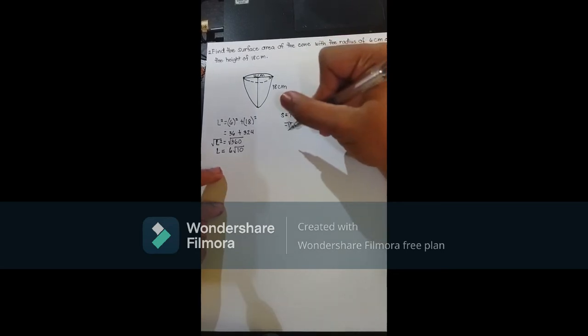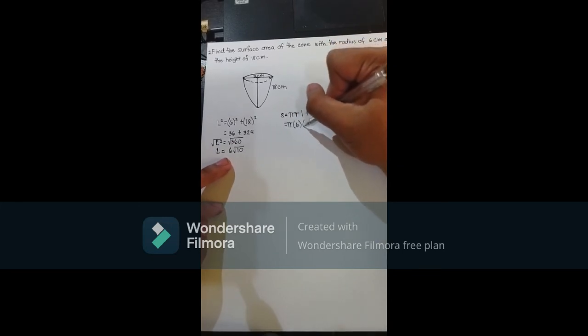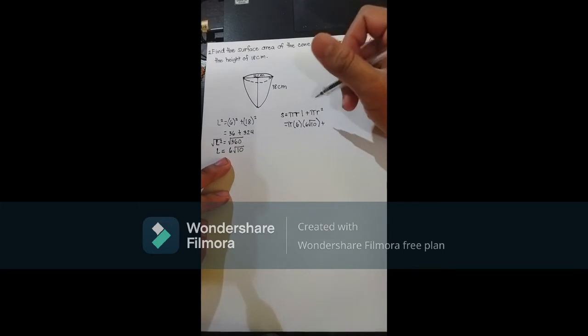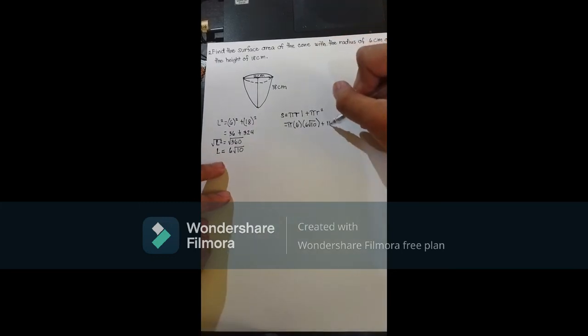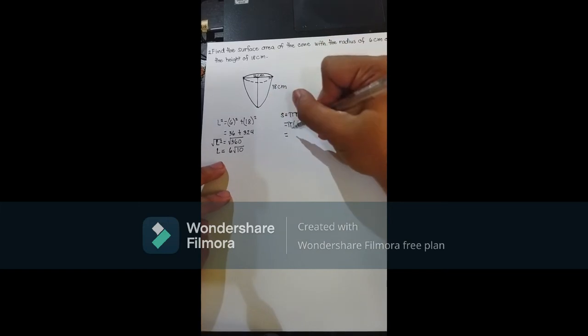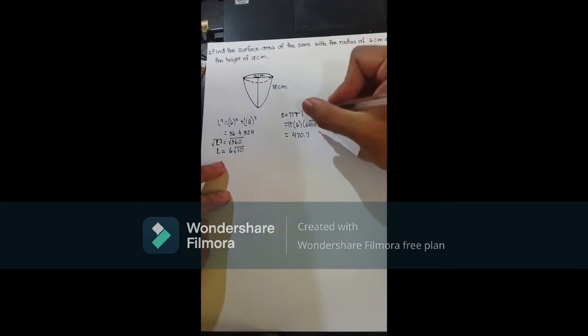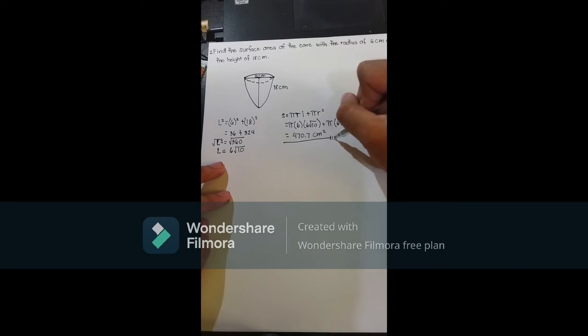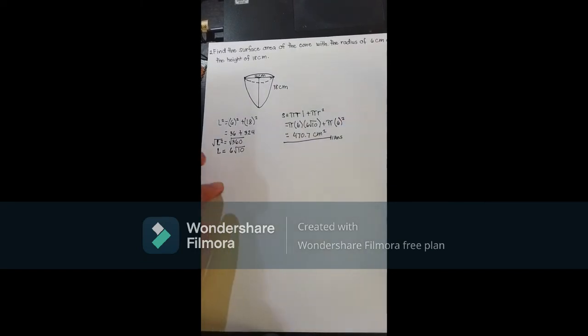The length is equal to 6 square root of 10, plus pi times the radius 6 squared. So the answer is equal to 470.7 square centimeters. And this is the surface area of the cone.